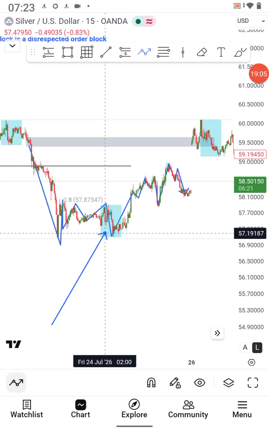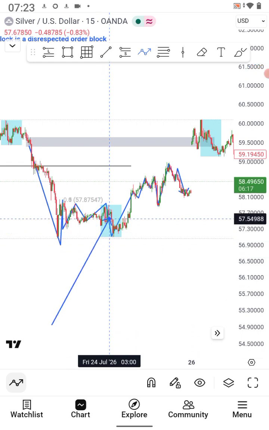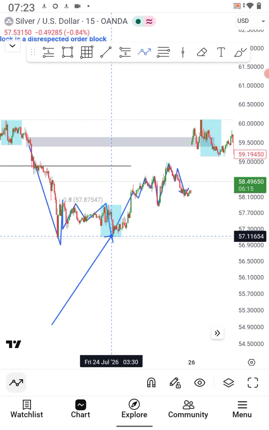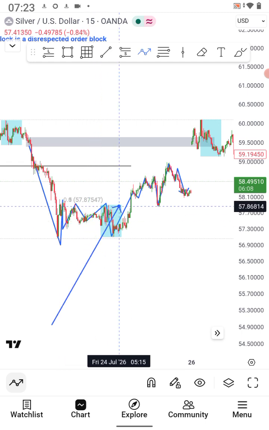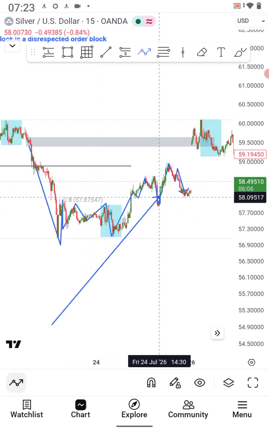So while price is retracing, you cannot regard this fake market structure shift as part of it. Are you seeing it now? This fake market structure shift is what I call inducement, to induce early sellers. Are you seeing it now? So it's not part of this particular one.